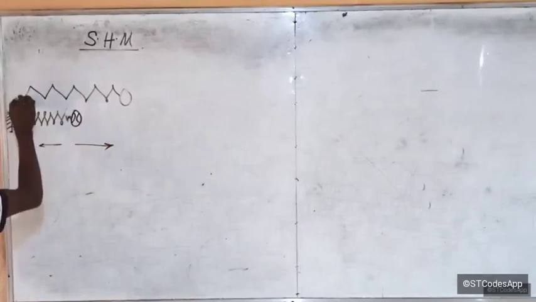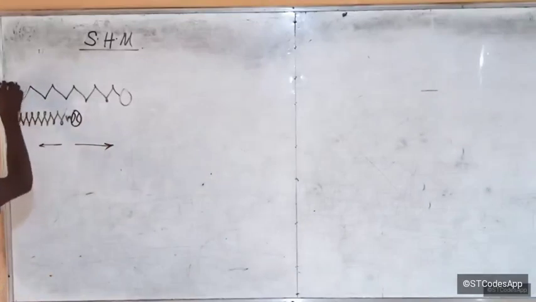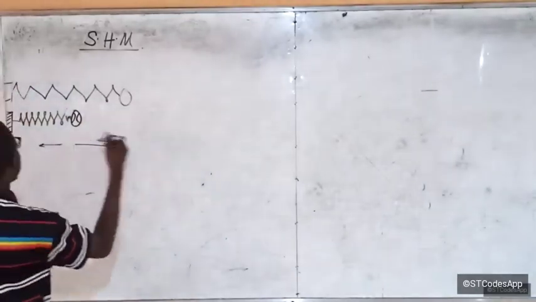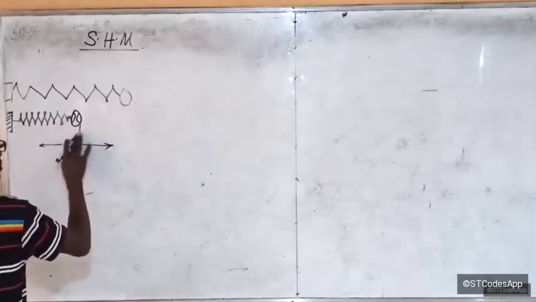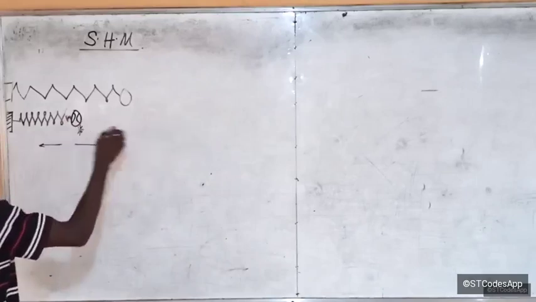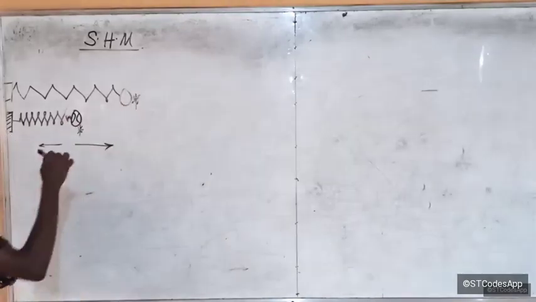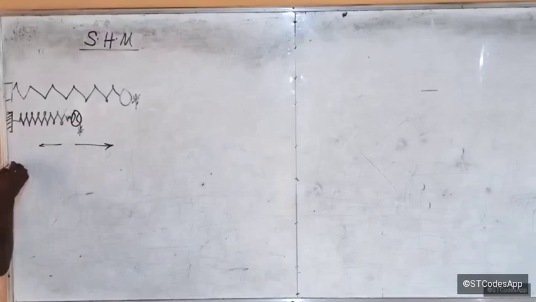During maximum displacement, and then this is the equilibrium position. This is the maximum displacement. Then you see it compress, it undergoes some compression also.